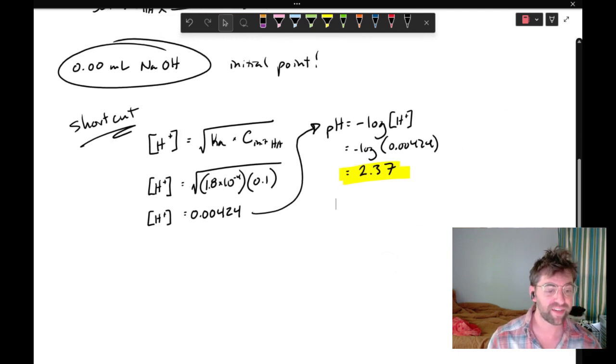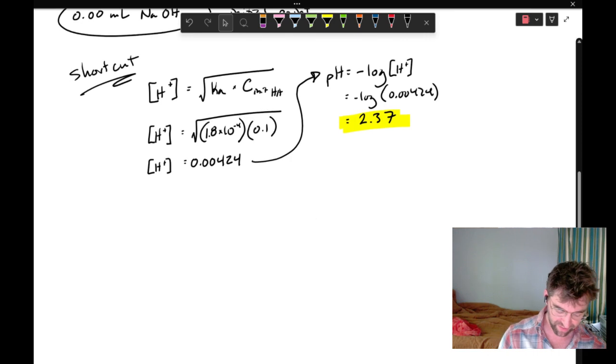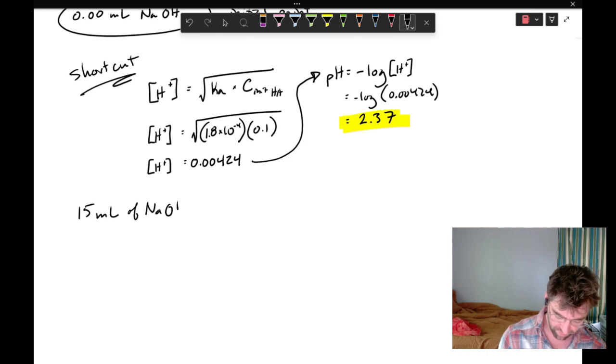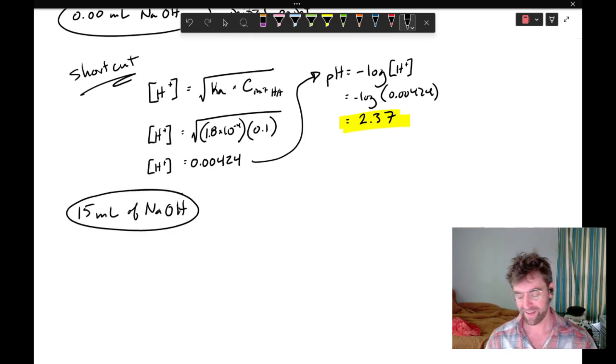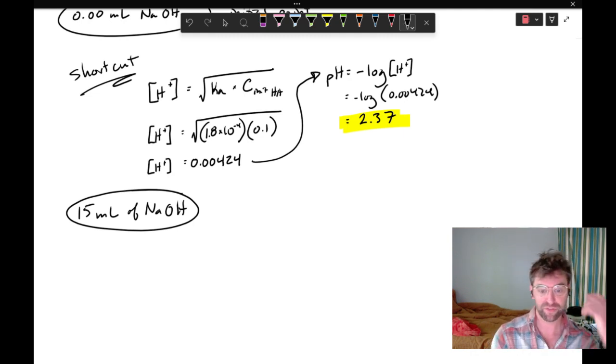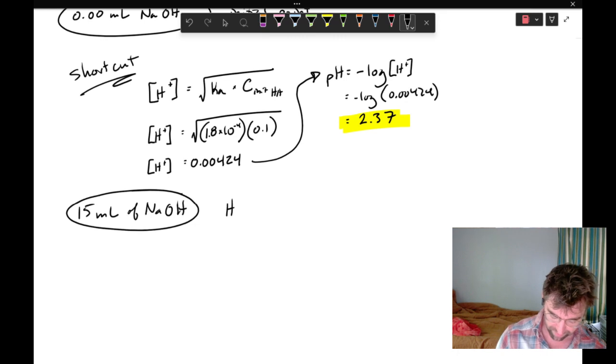So this is very, very acidic to begin with, right? And now as we do our titration, as we add our first 15 milliliters of sodium hydroxide, we're going to make that more basic. We're really going to be creating a buffer solution where we have our acid plus hydroxide.